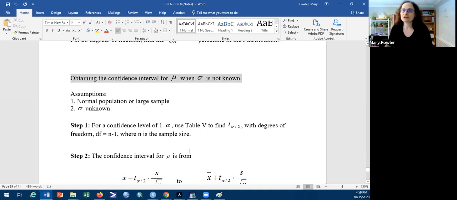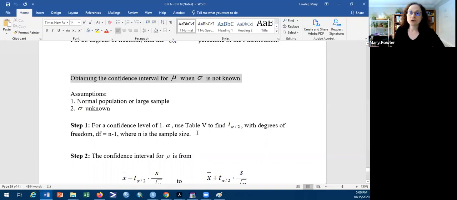And the distribution of X bar is normal if either the parent population is normal or the sample size is large. And we're in the situation now where sigma is not known, so we're going to use S to substitute for that information. So those are the assumptions. We still need large sample size or parent population normal. That's really the thing we have to think about.